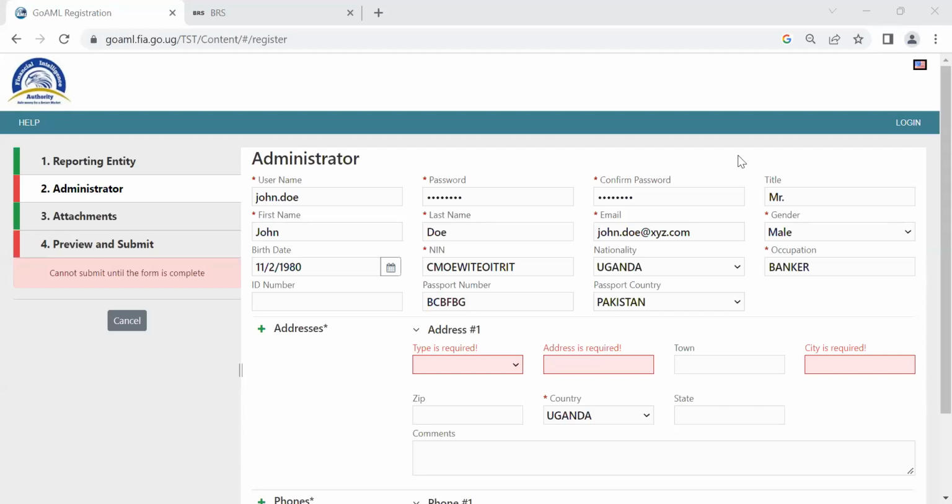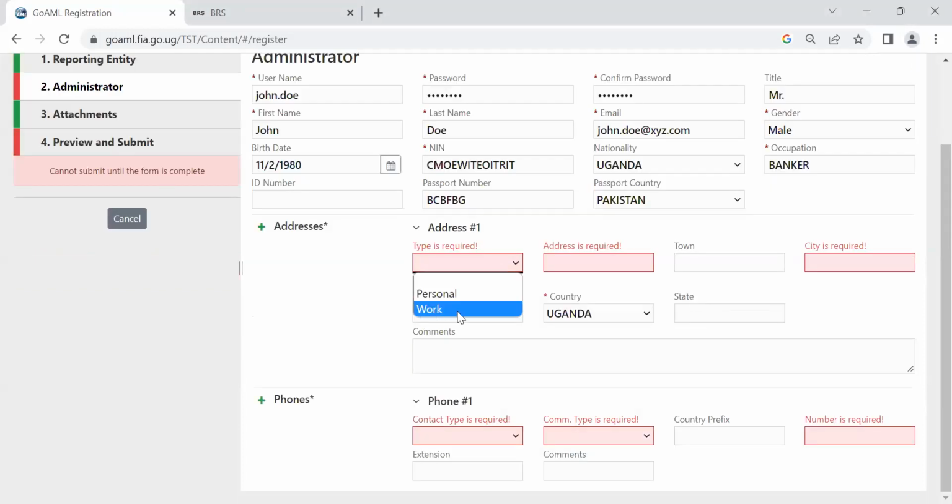Okay, so the next bit, you should be able to do it. It's the same as we were doing before. This is the address. Let's use the same address as the Forex Bureau for the administrator.